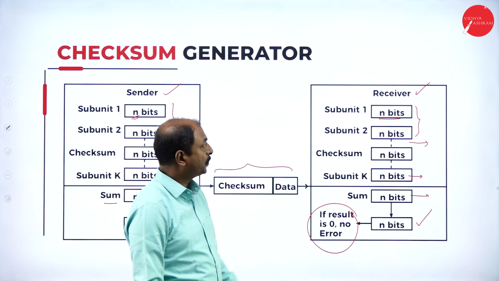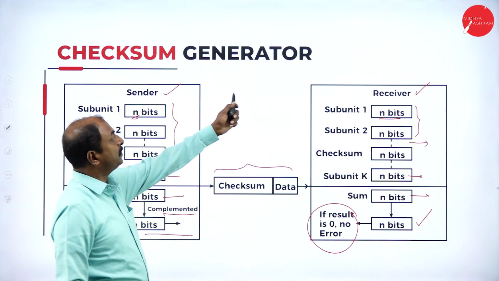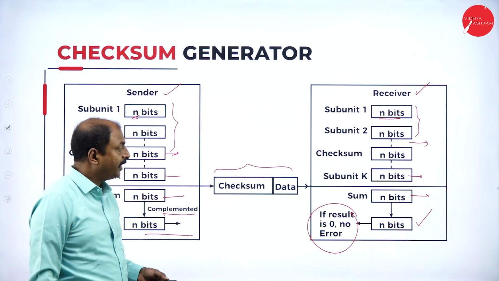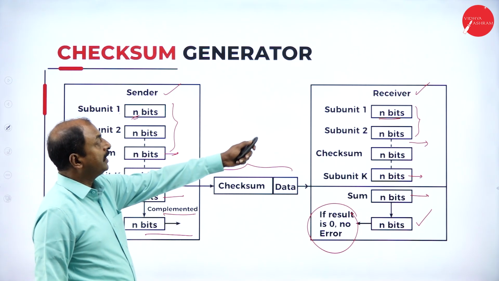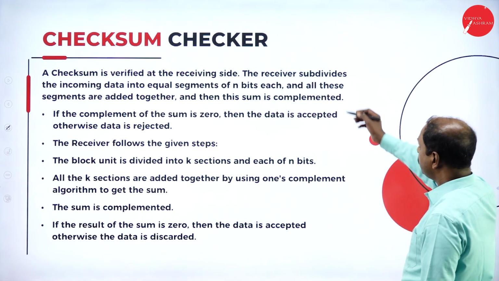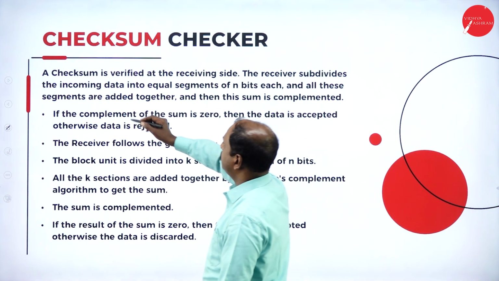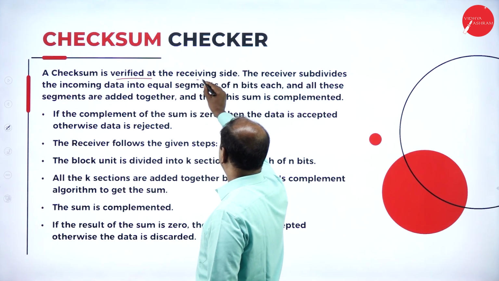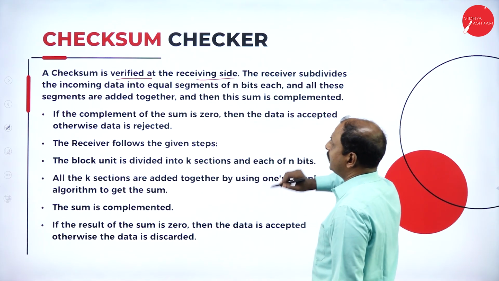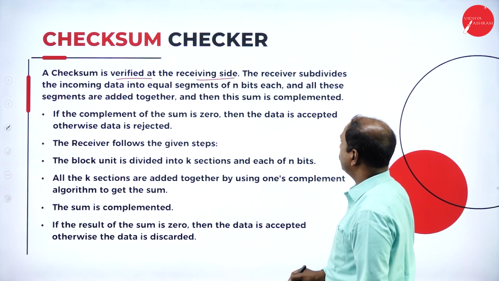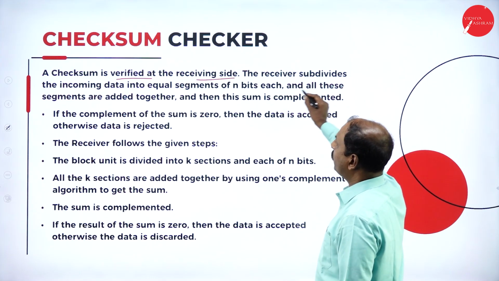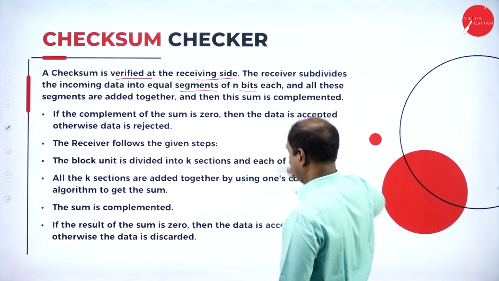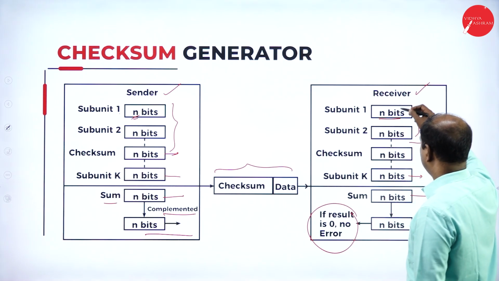So this is the concept of the checksum generator, which is at the sender end, and the same concept at the receiver end is the checksum checker. The checksum is verified at the receiving side, and we have to follow the same procedure here. The receiver subdivides the incoming data into equal segments of n bits each. So this is what we have seen at the receiver end.